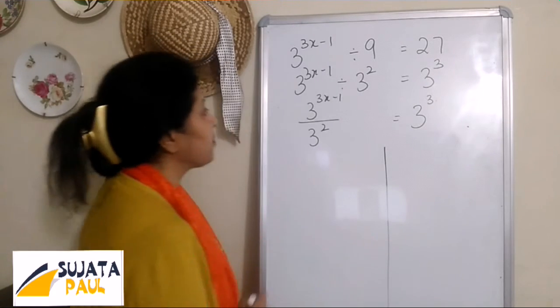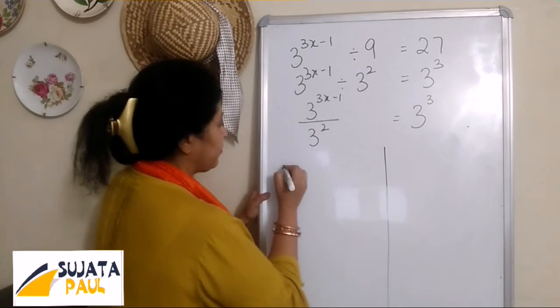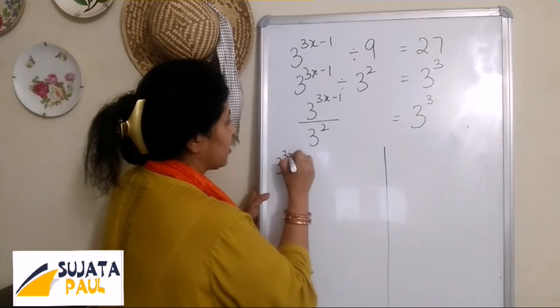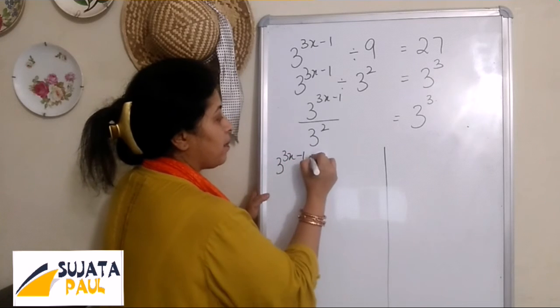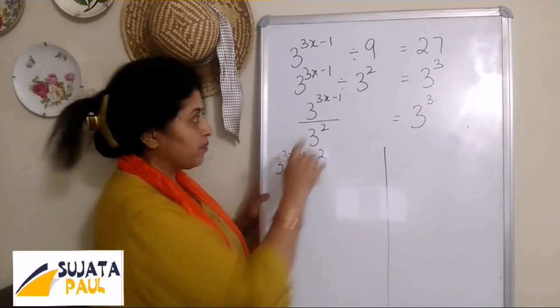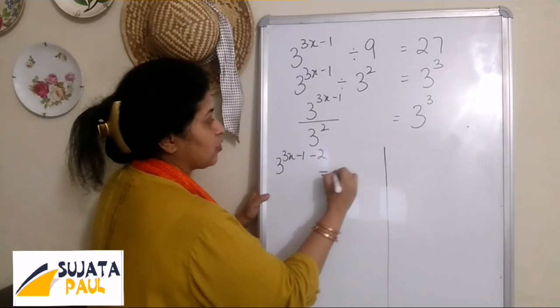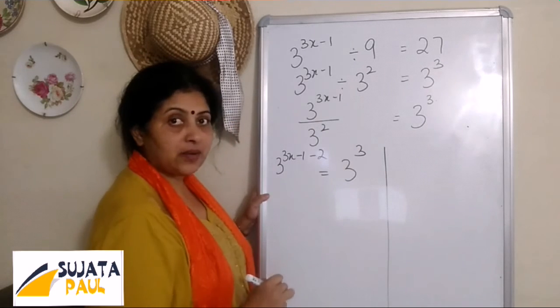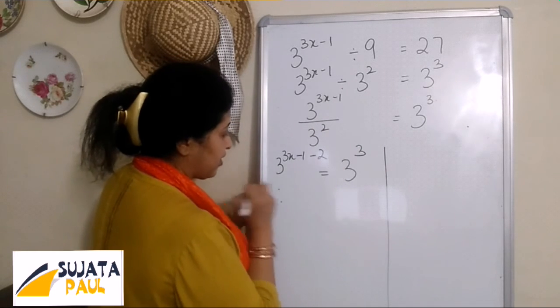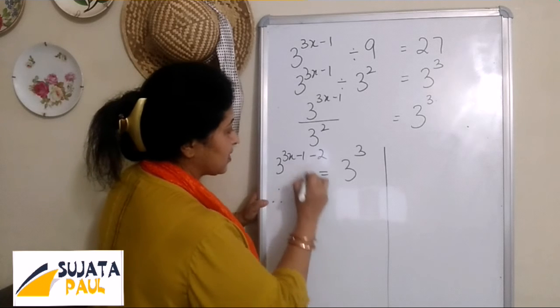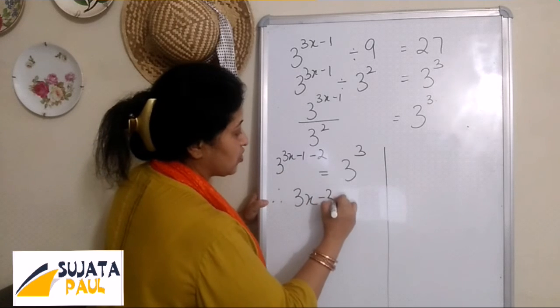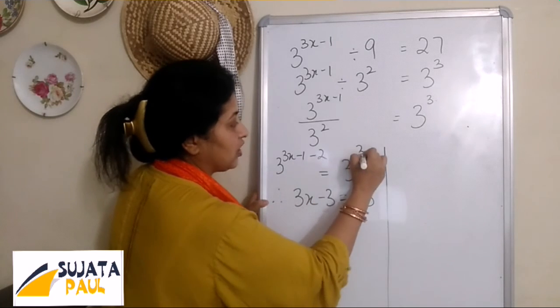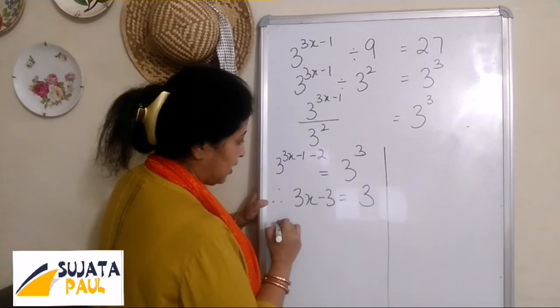Let's look at this. Here, I'm not going to take it there. I'll keep this here. 3 raised to the power of x minus 1 minus 2. This minus this is equal to 3 raised to the power of 3. And therefore, 3x minus 1 and minus 2 is minus 3 is equal to 3.